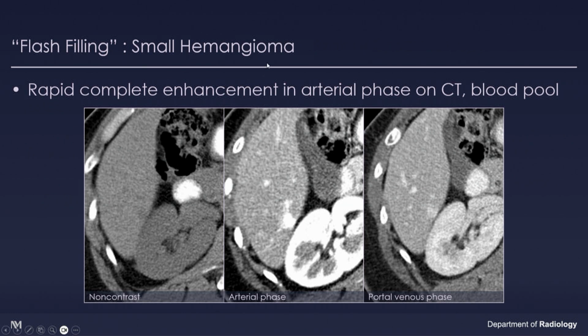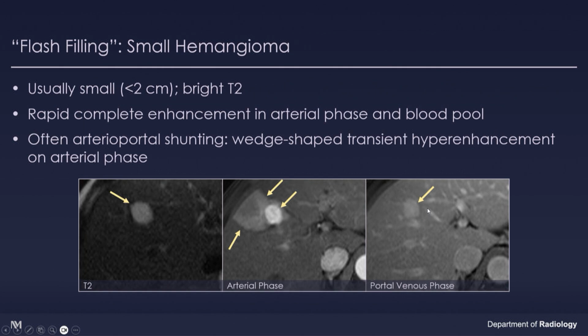Again, here's a flash-filling hemangioma on CT. Hypodense on the non-contrast, completely fills in and remains enhanced. Similar to blood pool, if you look at the adjacent vessels, such as the hepatic veins and portal veins, you could see it's similar to blood pool. Another example on MR, certainly this one's bright, light bulb bright.